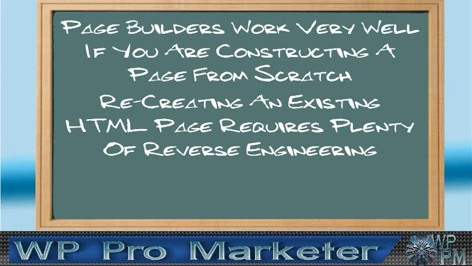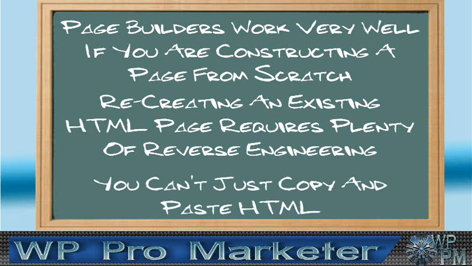However, as we said, recreating an existing HTML page requires a lot of reverse engineering, and you can't just copy and paste the HTML from the source code of an HTML editor into your WordPress editor. It's just not going to work. It doesn't go that way.